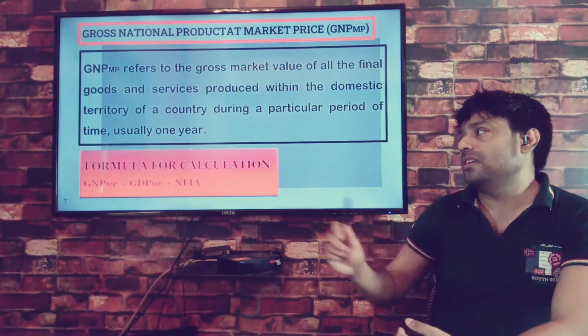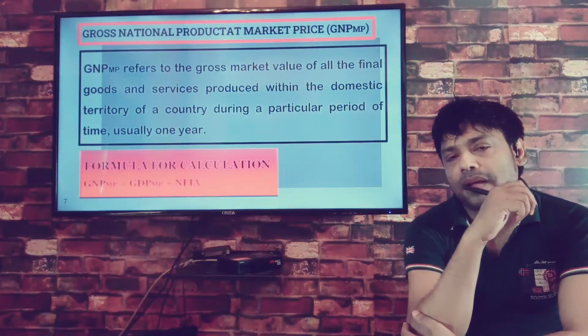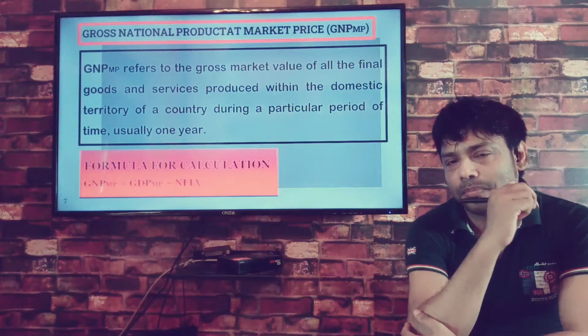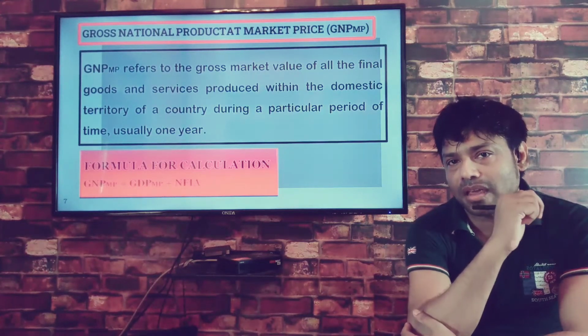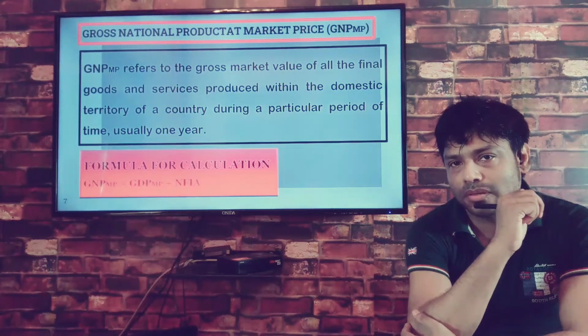The formula for this is: GNP at market price is equal to GDP at market price plus NFIA, that means net factor income from abroad.